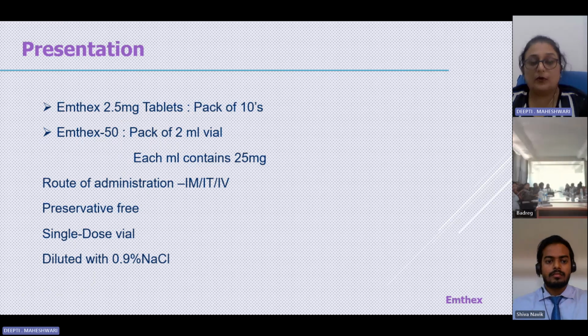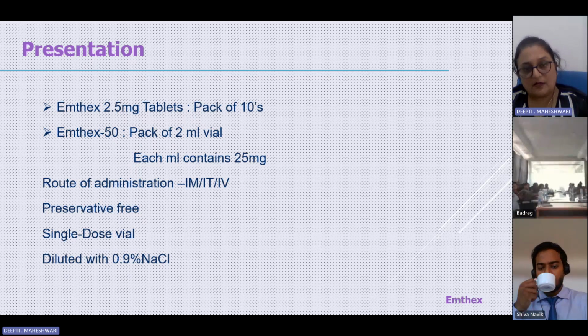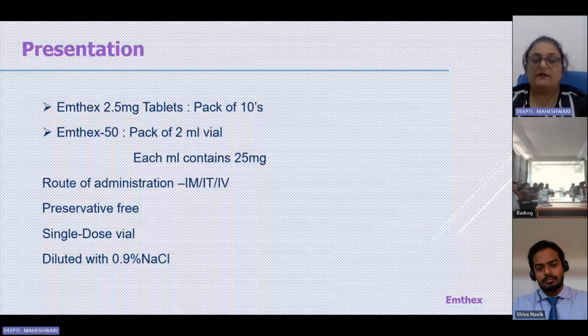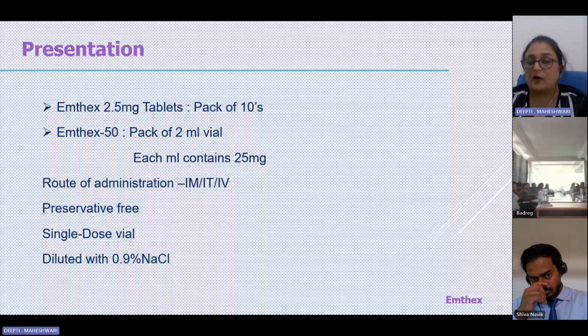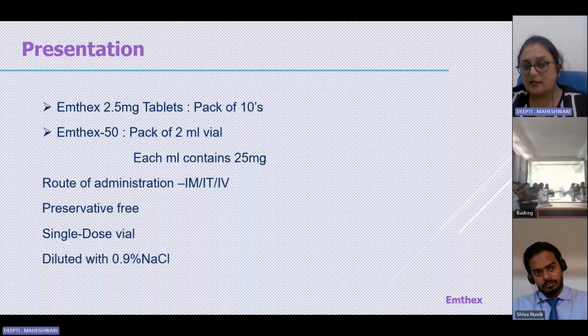All the companies don't have all the three routes of administration. Most of the companies have intramuscular and intravenous. All of them don't mention intrathecal use. The advantage of intrathecal use is that it can be given in the spinal cord. It can cross the blood-brain barrier, so it can be used for all types of CNS tumors.